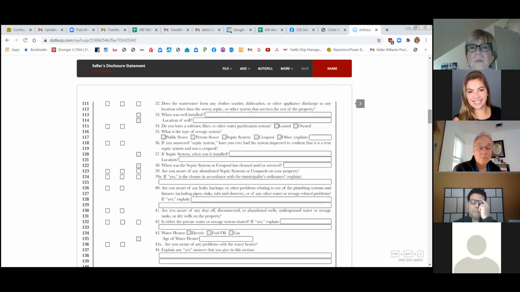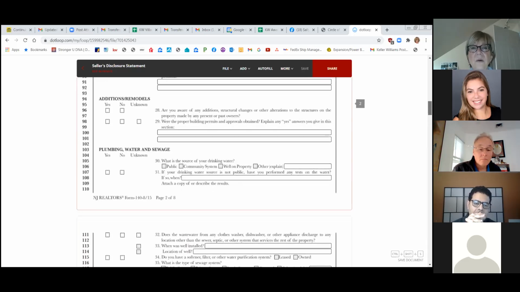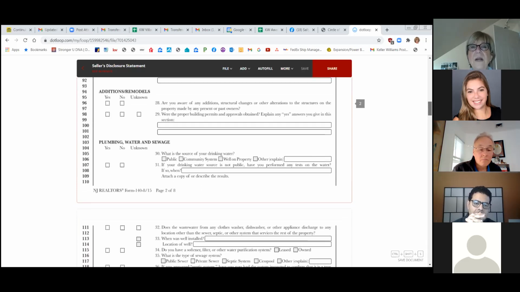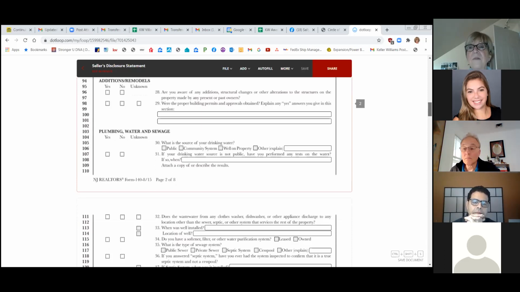And the other thing with a sump pump is, when do sump pumps usually kick on? When do we get a lot of rain? Spring? In a storm. And what can happen in a storm? You lose power. Sump pumps are electrical, so it's always a good idea if a seller has a sump pump that it have what's called a battery backup.